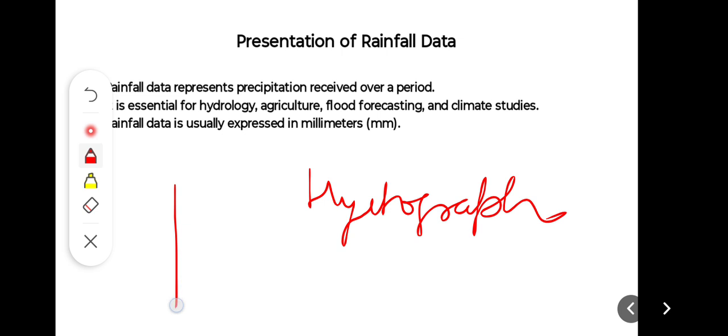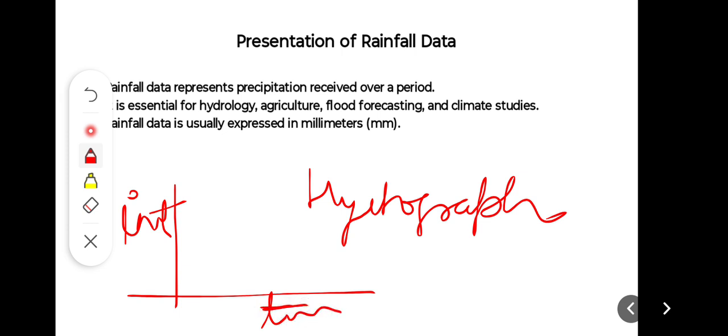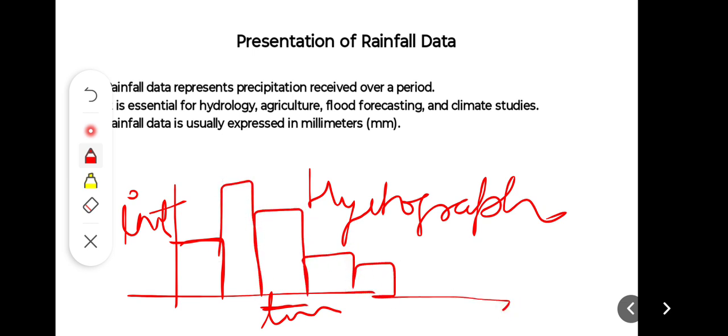There is a term hydrograph. This is the graph between intensity and duration, that is time. So this creates a bar chart like this. Intensity means centimeter per hour. Let's take it centimeter per hour. Centimeter per hour means, like in this 6 hour, this is first storm, 6 hour first storm, second storm is 3 hour.